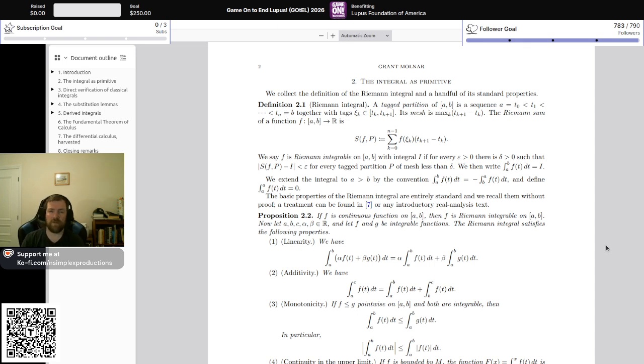So we start from a and go to b, where a is t0 and b is t sub n, together with tags c sub k belonging to the interval from t sub k to t sub k plus 1. Its mesh is max sub k of t sub k plus 1 minus t sub k.